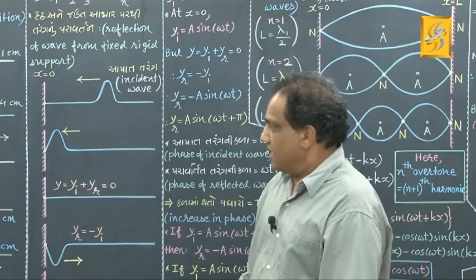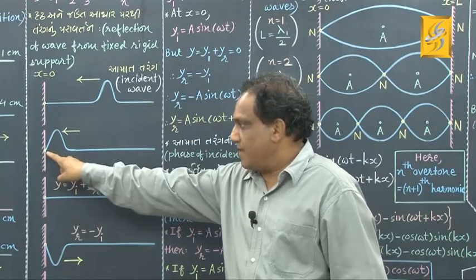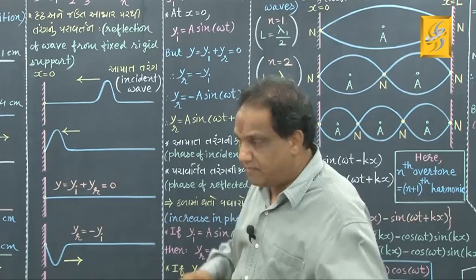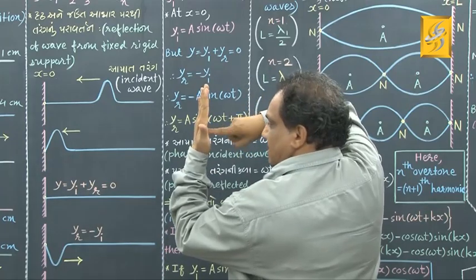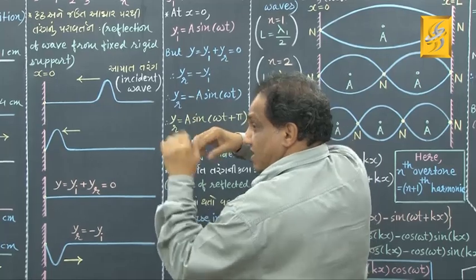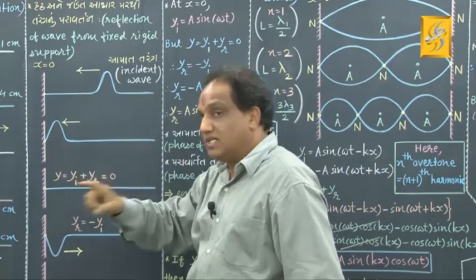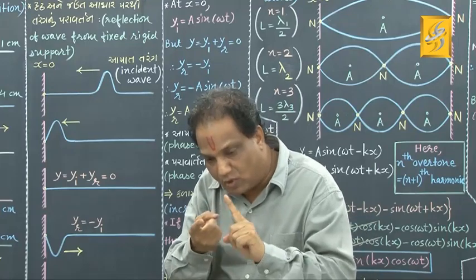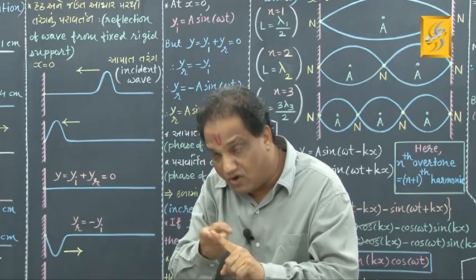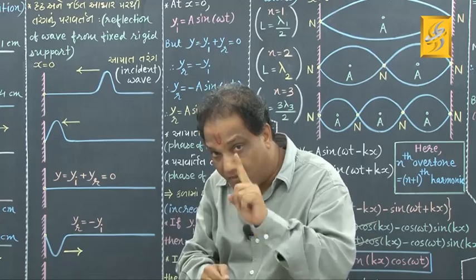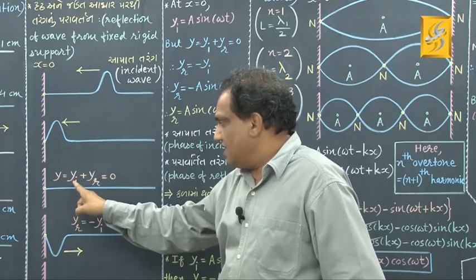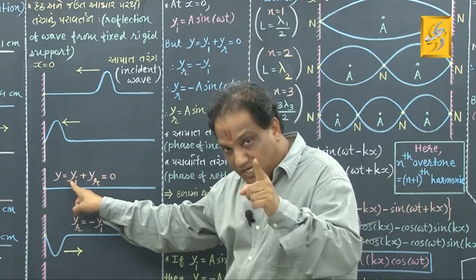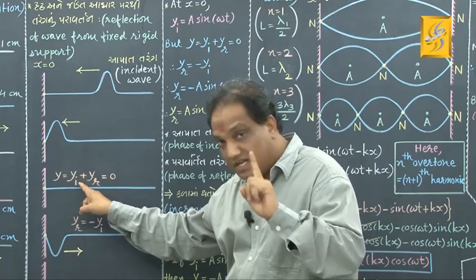Fine. Now, because this very particle on the string is very much fixed in the fixed rigid support, we know its resultant displacement would be 0. So, the resultant displacement produced in that particle under the influence of the incident and reflected waves must be 0. Under the influence of the incident wave, suppose the displacement is Yi, I for incident.